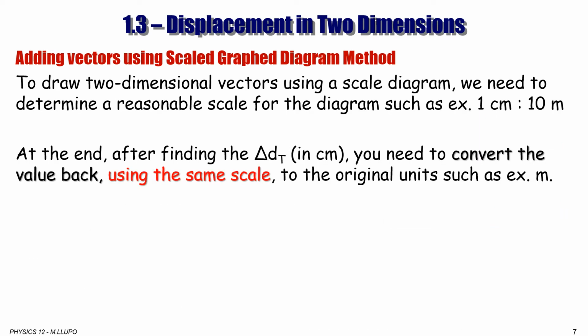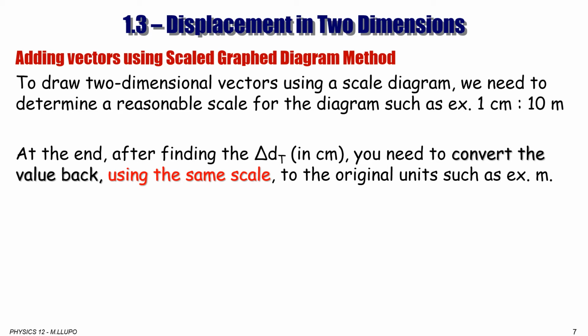To summarize, to draw two-dimensional vectors using a scale diagram, you need to determine a reasonable scale for the diagram to accommodate all those vectors, taking into consideration the magnitude of all vectors. So those vectors, when you draw them, have to fit the space that you have on the paper. For example, if you have a scale of 1 centimeter with 10 meters, that scale has to apply to all of them, including the total displacement, or resultant vector.